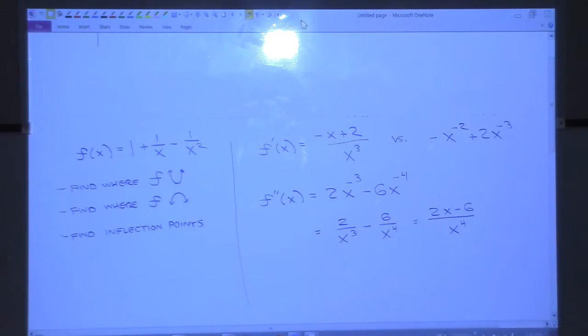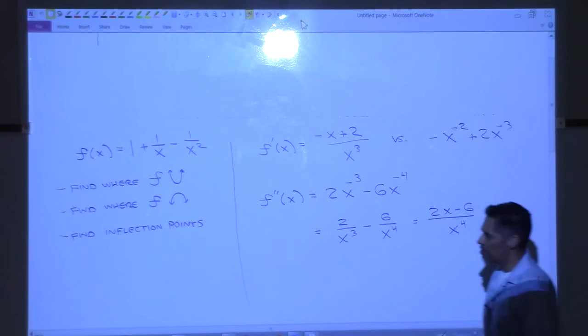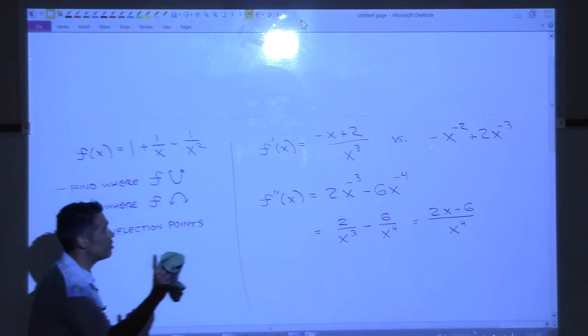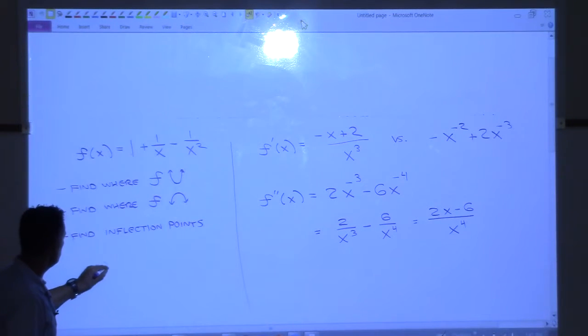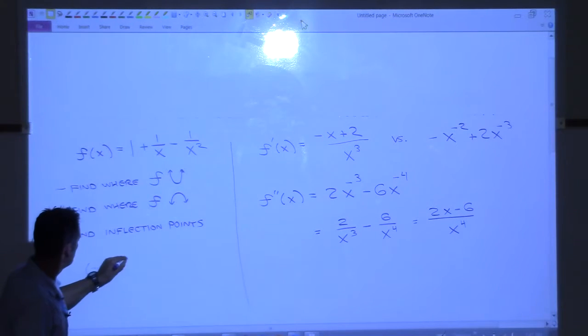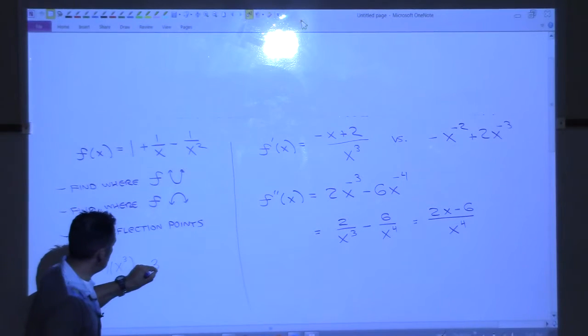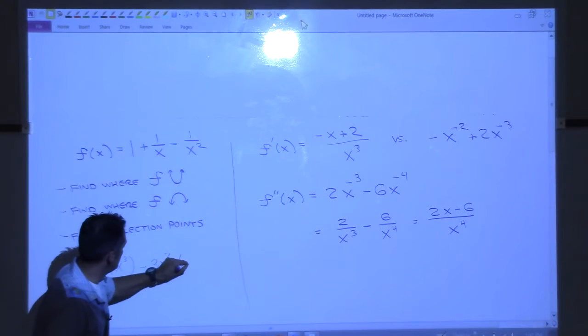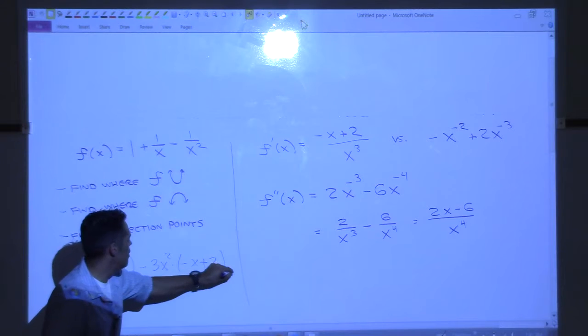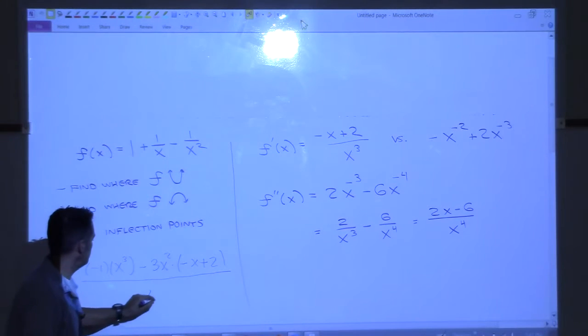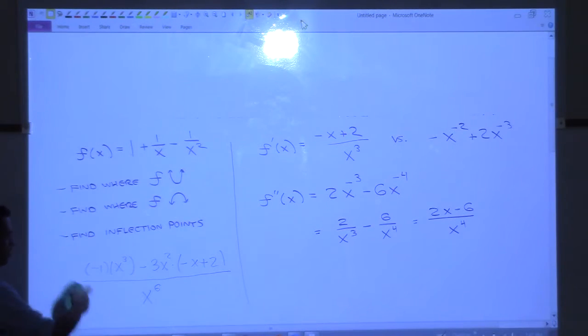Not too bad? Would you agree? Just for the sake of doing it, if you did quotient rule, here's what you should have got. Negative 1, derivative of the top times the bottom, minus derivative of the bottom times the top, all over the bottom squared. And then what you'd have to do is clean up the top.